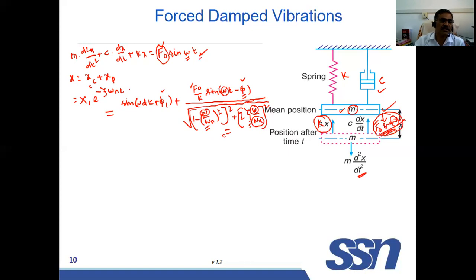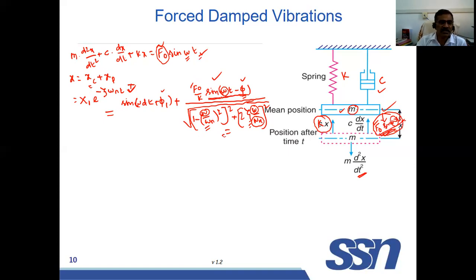In this equation, the complementary function will die out over a period of time. As time increases, this will die out. So we are not going to give importance to this, and we are going to take only the particular integral.